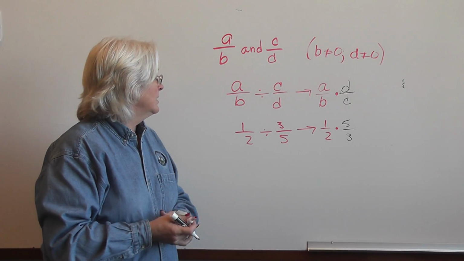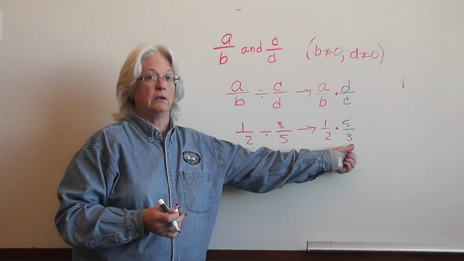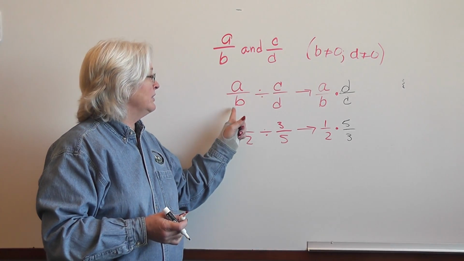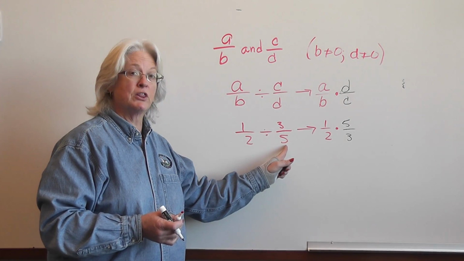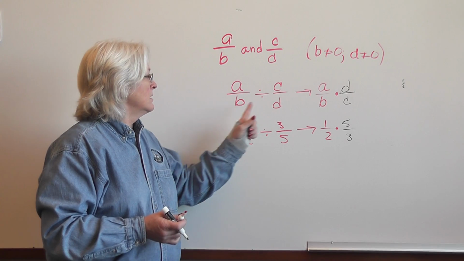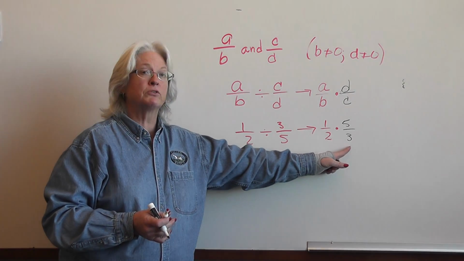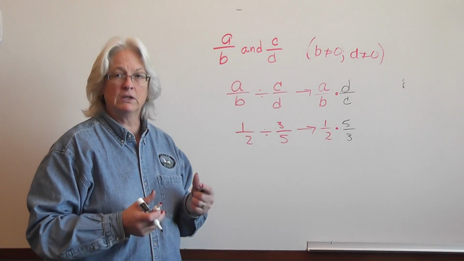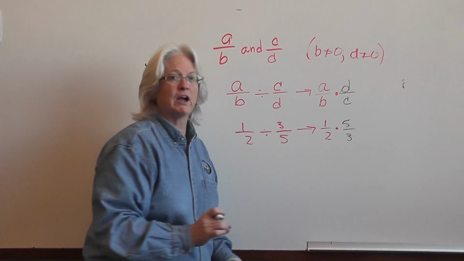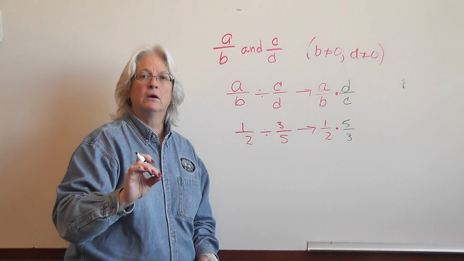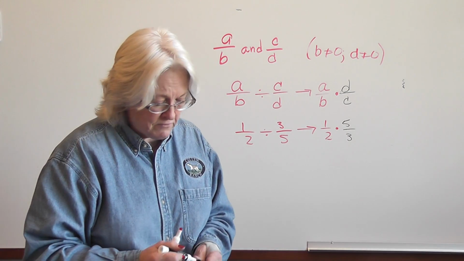If we want to divide fractions, we're going to multiply by the reciprocal. We have our initial fraction here, 1/2, that we're dividing by the fraction 3/5. We want to keep that fraction, and we're going to multiply by the reciprocal. We love to do that because when you're multiplying fractions, you multiply the numerators, multiply the denominators, and it makes our arithmetic very straightforward.